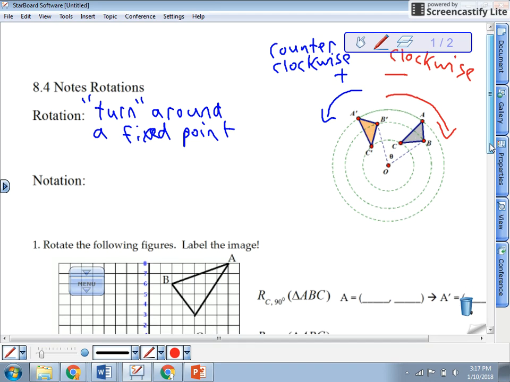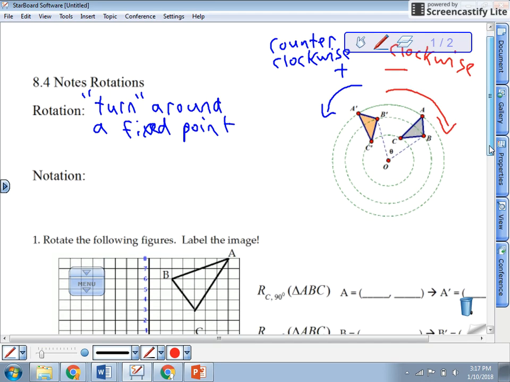So the next important part that's really key is the notation. Here's what an example would look like. We're going to have that capital R again, this time for rotation. You'll know it's not reflection because right after it, it's going to have some point, and then a comma, 90 degrees, for example.